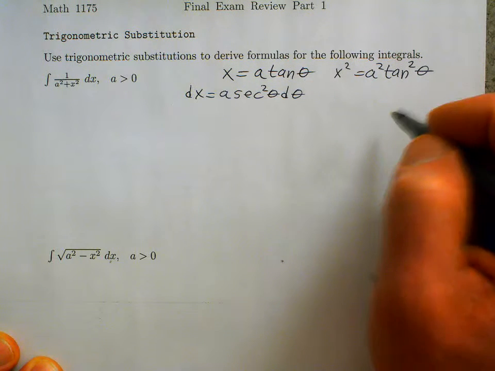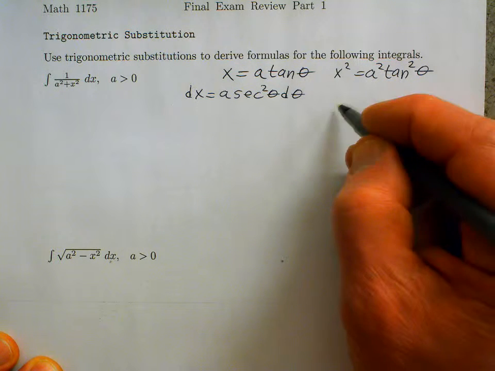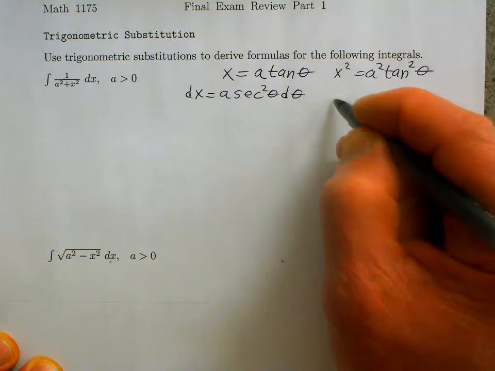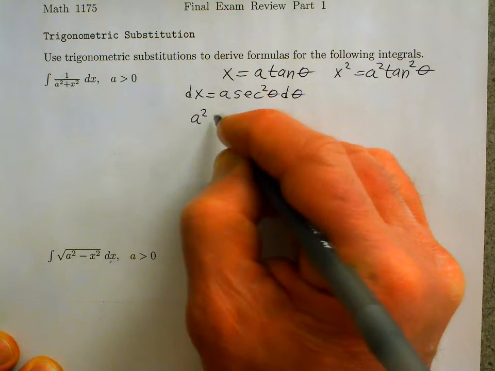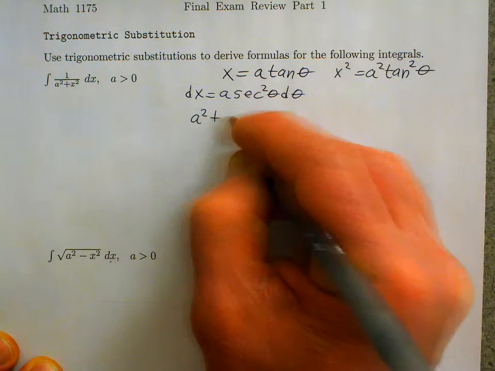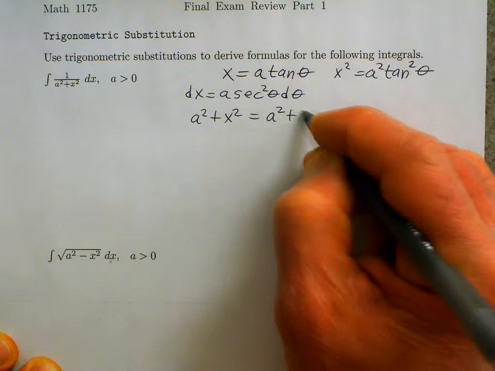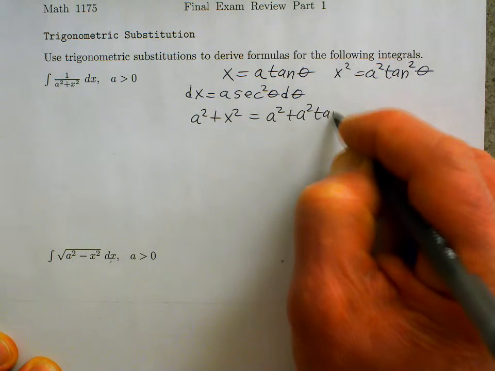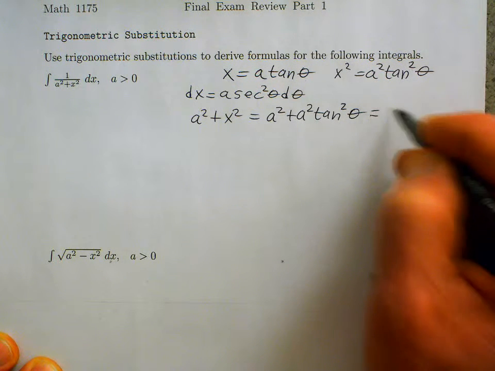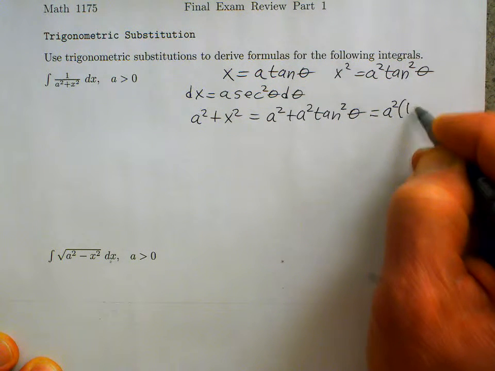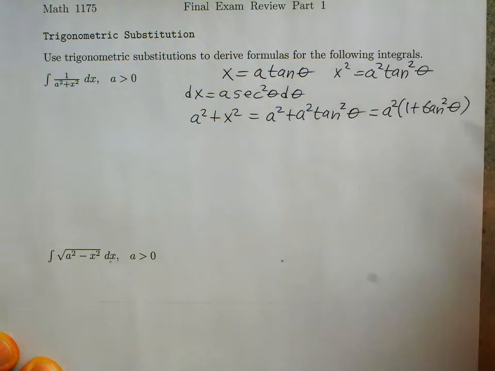And why did we pick x to be a times tangent of theta? I guess we have room to say a squared plus x squared is a to the second plus a to the second times tangent of theta squared, which is a to the second times 1 plus tangent of theta squared.